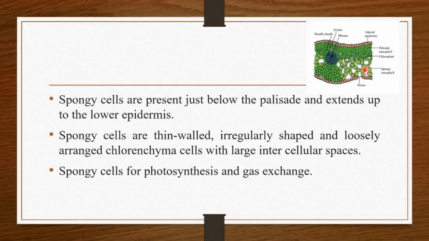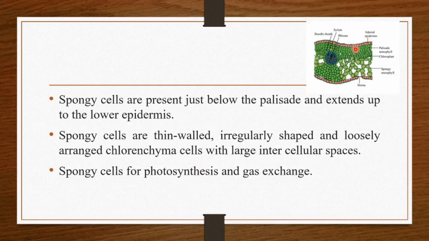And the spongy cells are thin-walled and irregularly shaped and loosely arranged chlorenchyma cells with large intercellular spaces. But in the case of palisade cells, there is little or no intercellular space. And spongy cells are for photosynthesis and gaseous exchange.